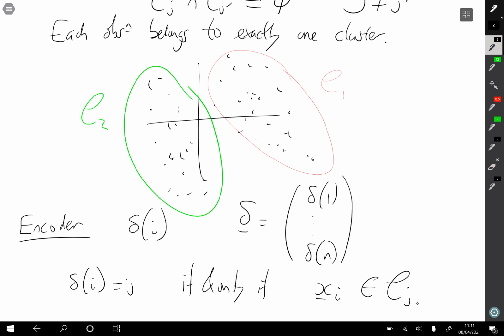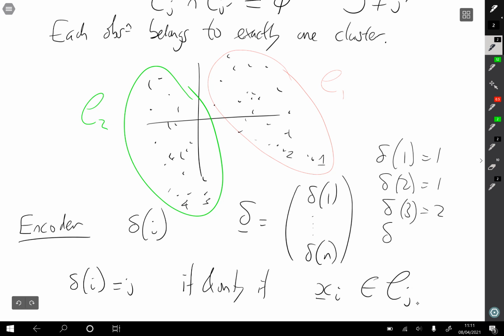So if we had point 1, point 2, point 3, point 4, etc. here, we would have that delta 1 equals 1, delta 2 equals 1 because it's in cluster 1, delta 3, well point 3 is in cluster 2, point 4 is in cluster 2, etc. The delta just tells us which cluster each point is in.